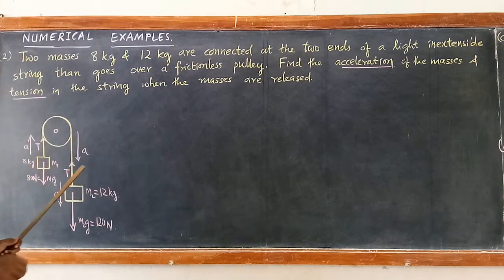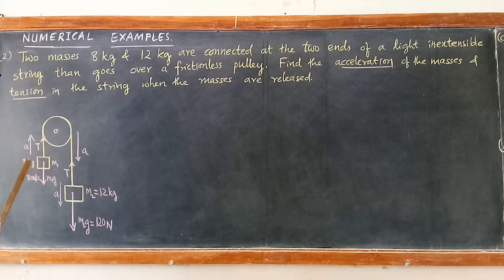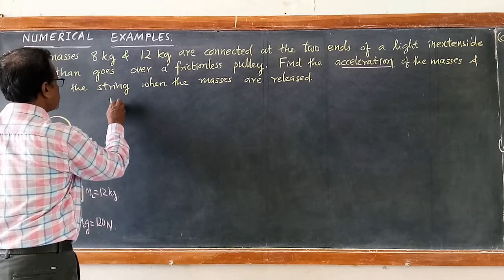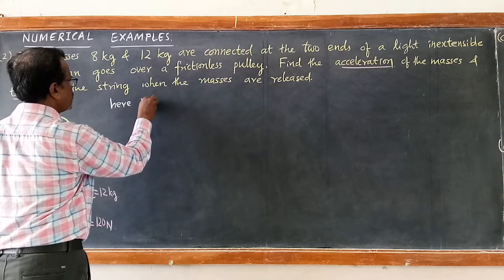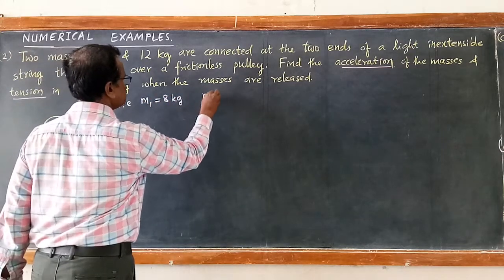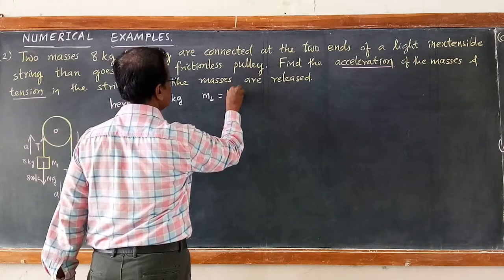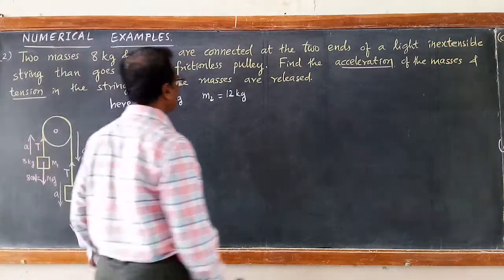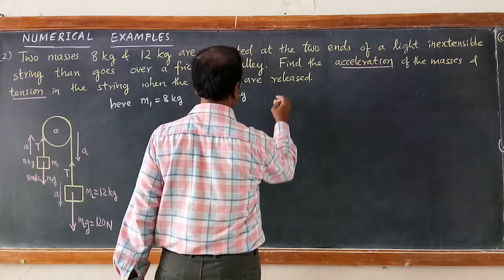So let us solve first for mass m1, right? For mass m1, what is the equation? Here m1 is 8 kg, m2 is 12 kg. So 12 kg being heavier, it pulls down.